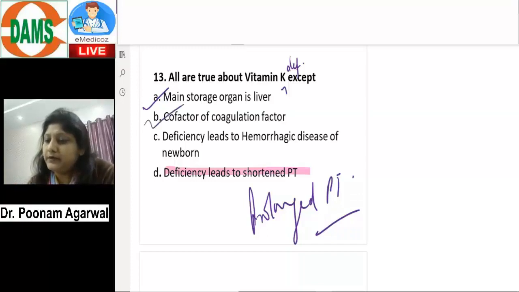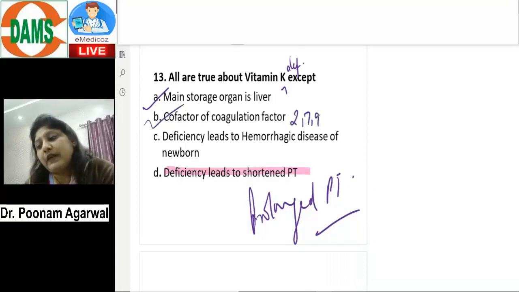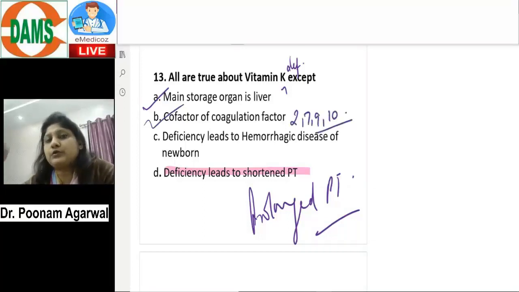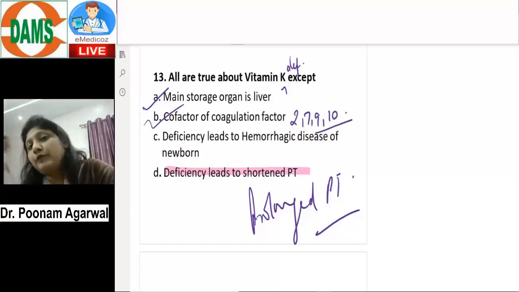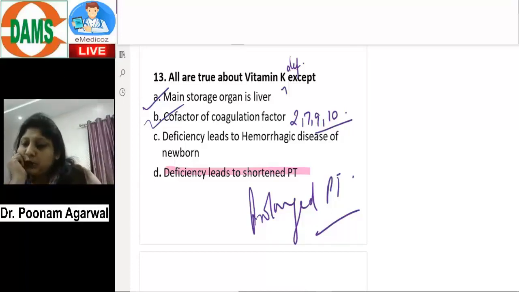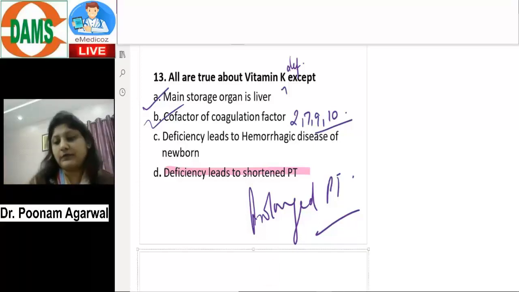Cofactor for coagulation factors: yes, there are coagulation factors 2, 7, 9 and 10 which undergo post-translational modification where the gamma carbon of glutamic acid undergoes carboxylation, imparting negativity to these glutamic acids which attracts calcium, and that will help in the clotting process. And deficiency resulting in hemorrhagic disease of the newborn is also right.